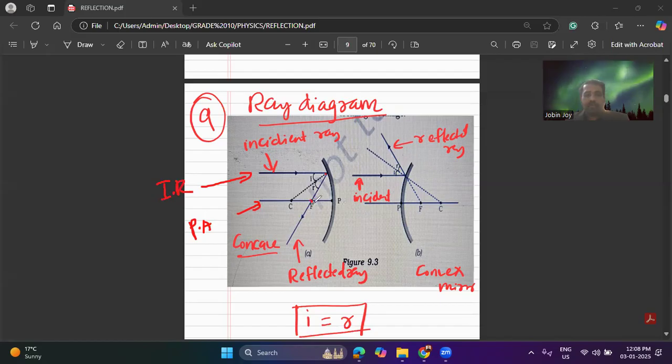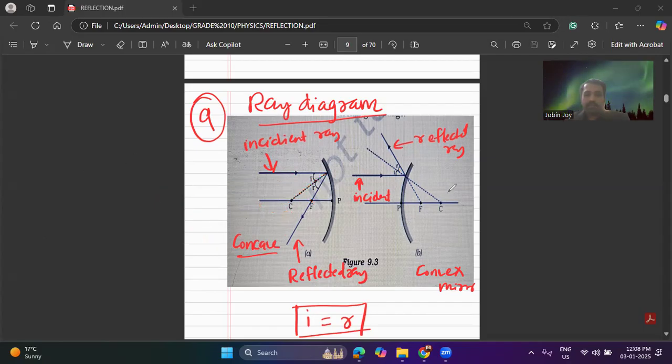This point is called the focus, where this is the incident ray. So this angle is I, and this is the reflected ray, so this is called R. This is the angular bisector between these two rays. This is in the case of concave mirror.